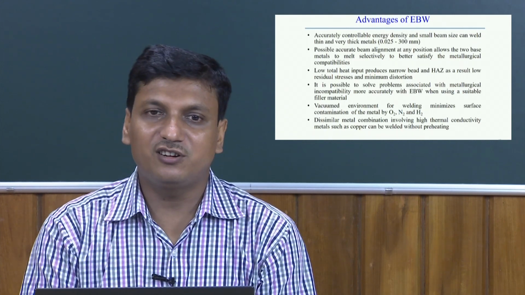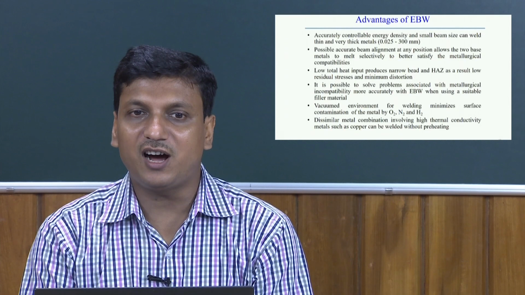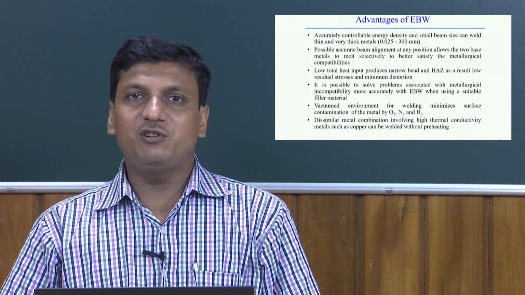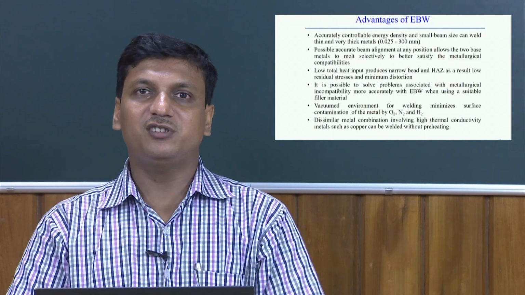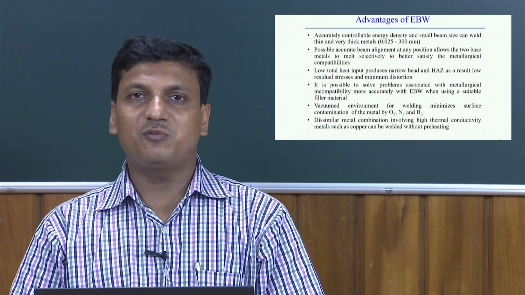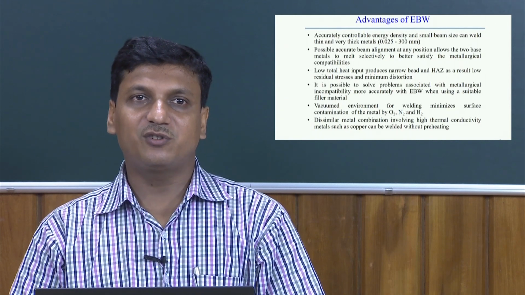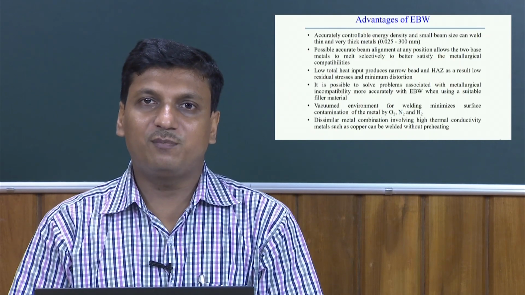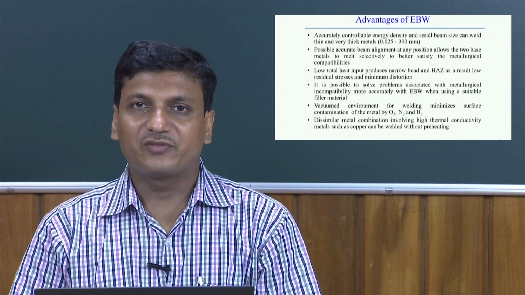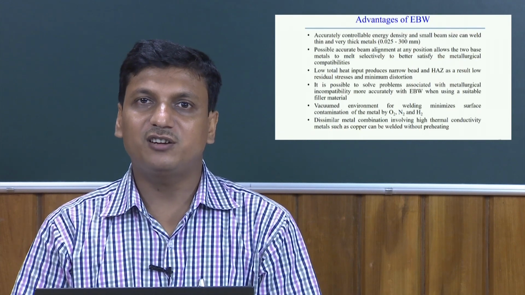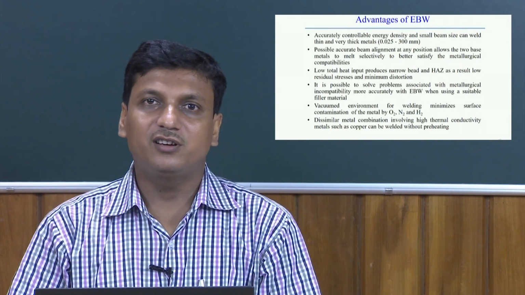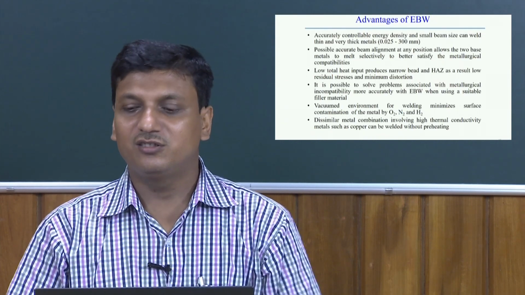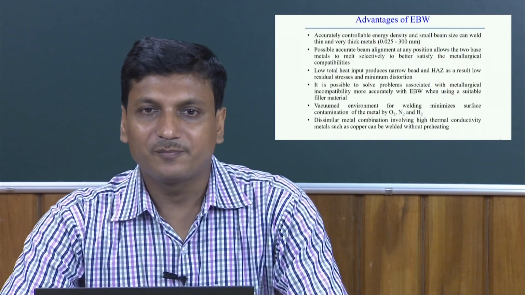Regarding dissimilar material combinations, as already mentioned, those involving high thermal conductivity metals such as copper can be welded using the electron beam welding process without any preheating. Normally, in other arc welding or laser welding processes, when you try to join highly conductive material like copper, in most cases we preheat the surface, and then use the main energy source, laser or arc, and in that way we can weld highly conductive materials.